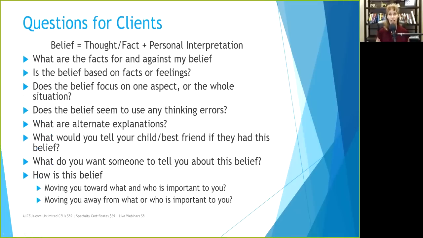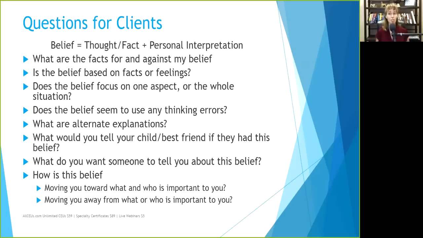So questions for clients. Remember that beliefs equal thoughts and facts plus personal interpretation. Another way of saying it is perception is 10% reality and 90% interpretation. So what are the facts for and against my belief? Is the belief based on facts or feelings? Does the belief focus on one aspect or the whole situation?